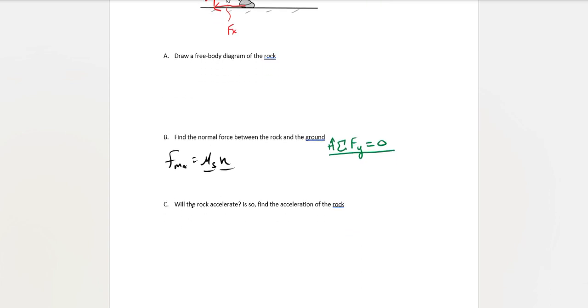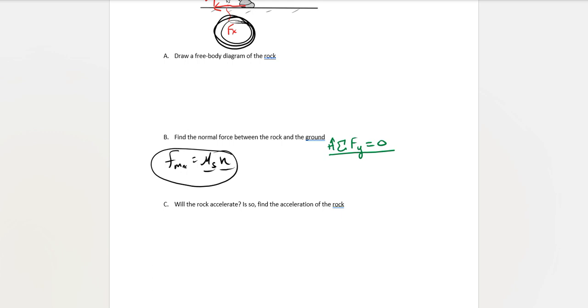But so calculate the maximum possible frictional force and then compare it to this. And if the maximum frictional force is larger than this force vector, this thing's not going anywhere. If the maximum frictional force is smaller than this vector, then this rock is going to start sliding to the left and accelerating to the left.